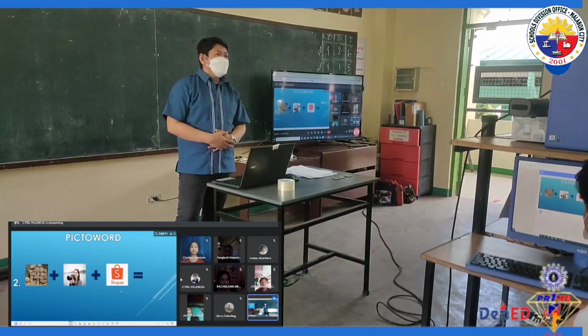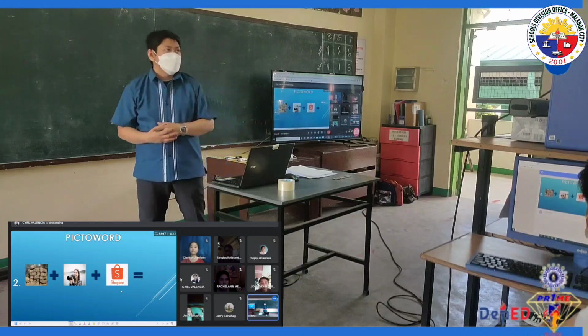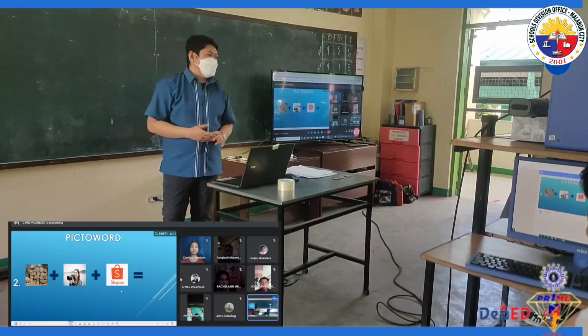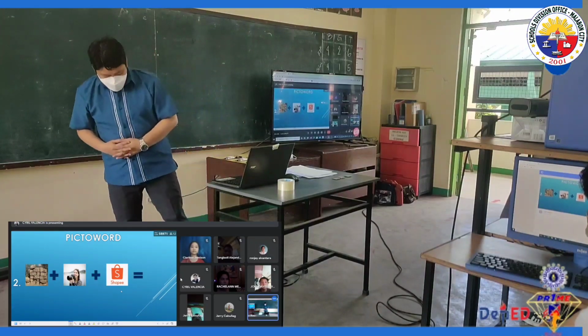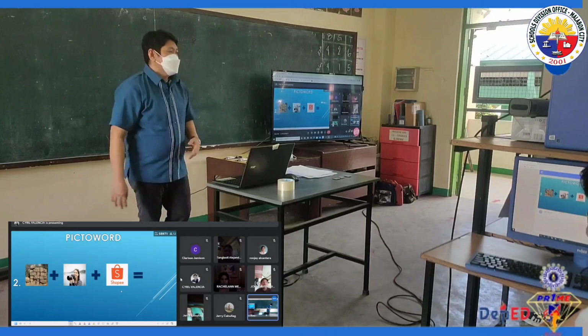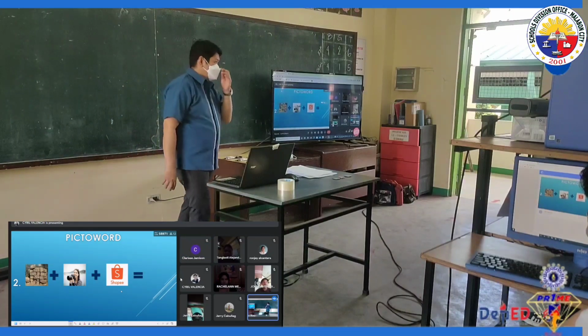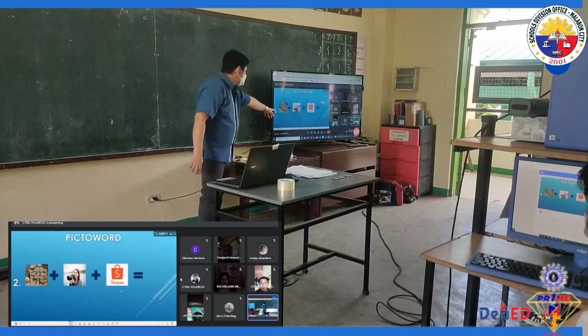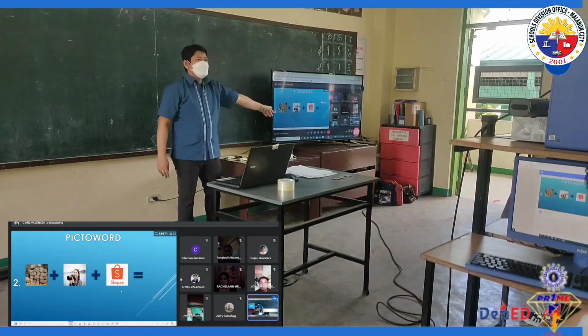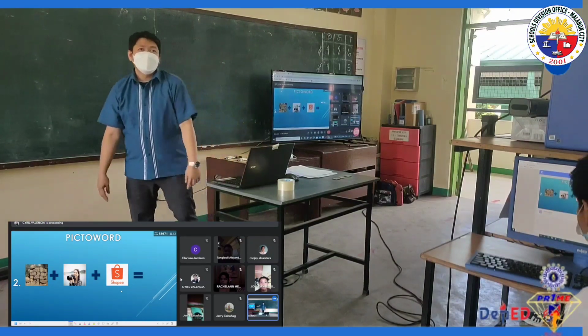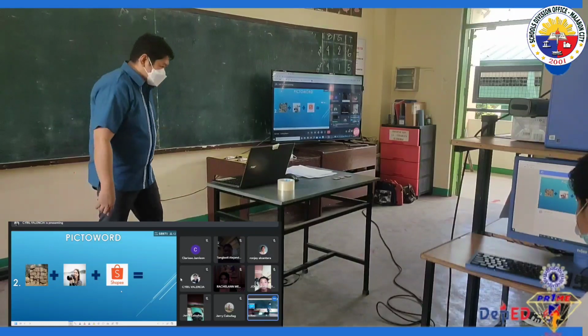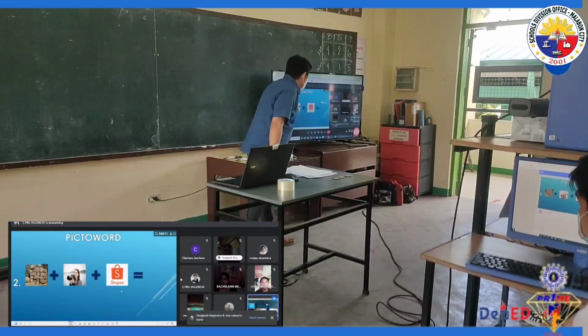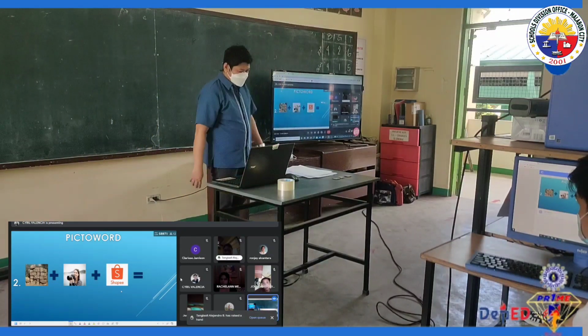Okay, next one. Who would like to try? Number 2. What is the first image? The second image and the third image. Would like to try? What is this? Okay, may nagtaas ang kamay. Sino to? Okay, ang loud.